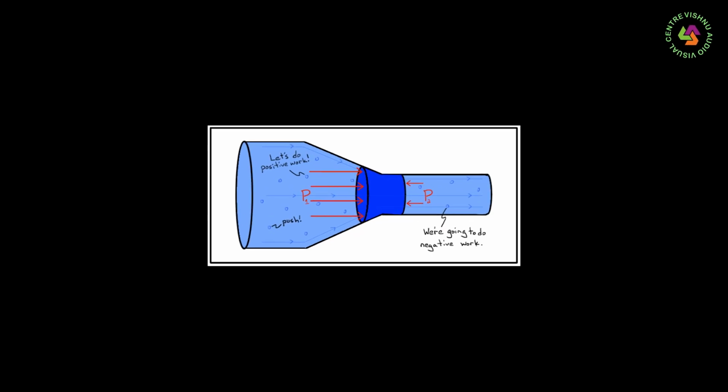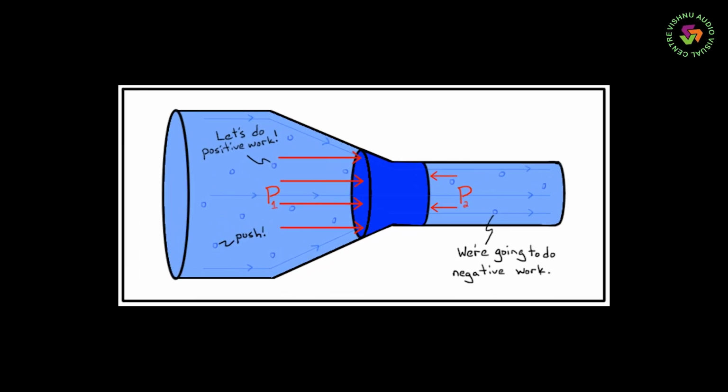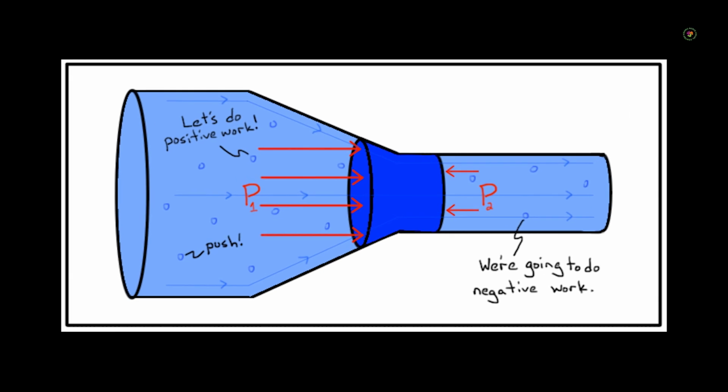Based on that request, I decided to show you the derivation of Bernoulli's equation considering one-dimensional flow, or the flow along a streamline. Let us take straight away into the derivation.